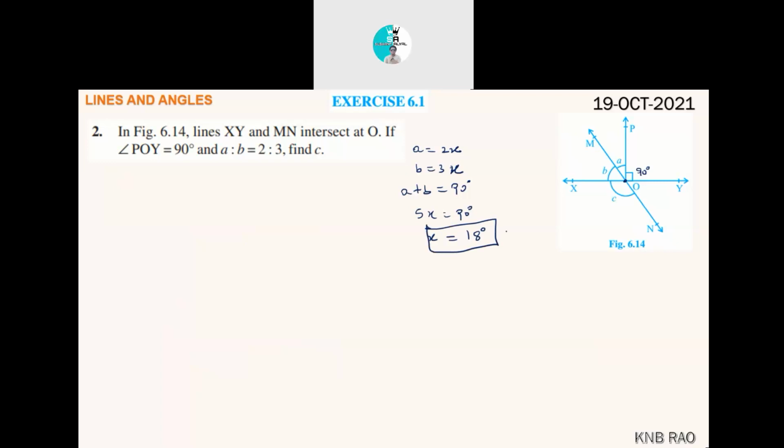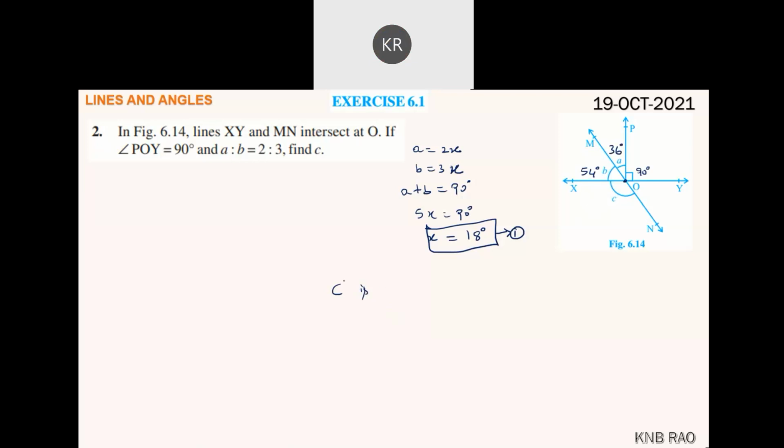The moment you got 1 part as 18 degrees, B becomes 18 threes are 54. Angle A is 36 degrees, sir. Angle B is 54 degrees. Angle C is 126 degrees, sir.